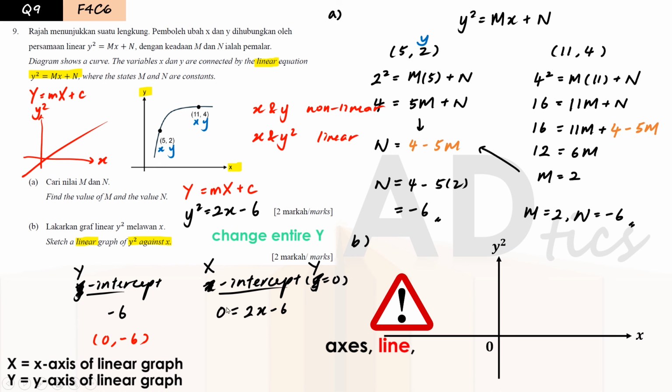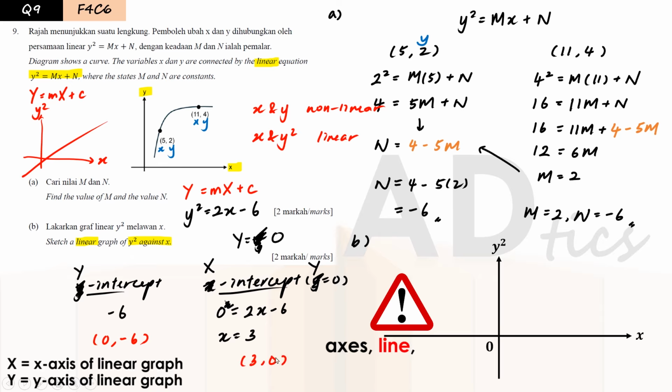It is not this, because y square is Y. So the entire thing I need to change to 0. Now if we rearrange the equation, we can find the x-intercept, which is 3.